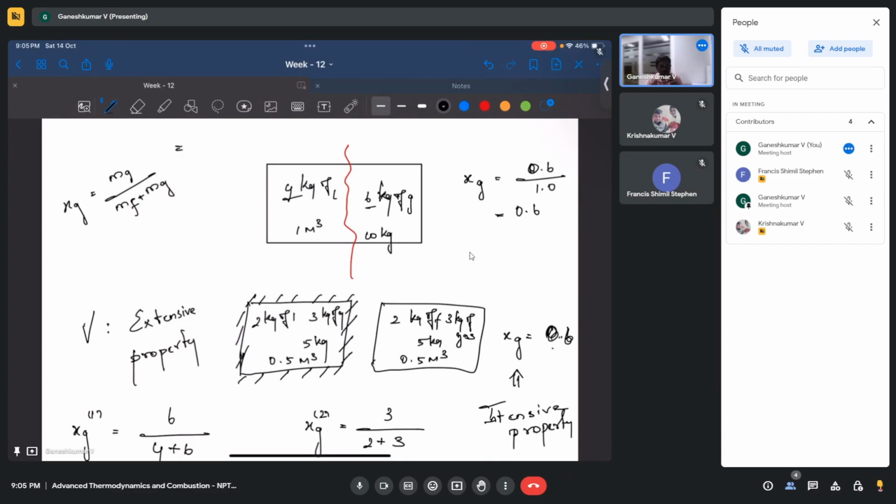Same with the quality also. If you divide the system, the quality will remain the same. If you heat it, properties vary, right? Intensive properties also vary. Is that clear, what I'm trying to say? Yes, sir. You understood, right?